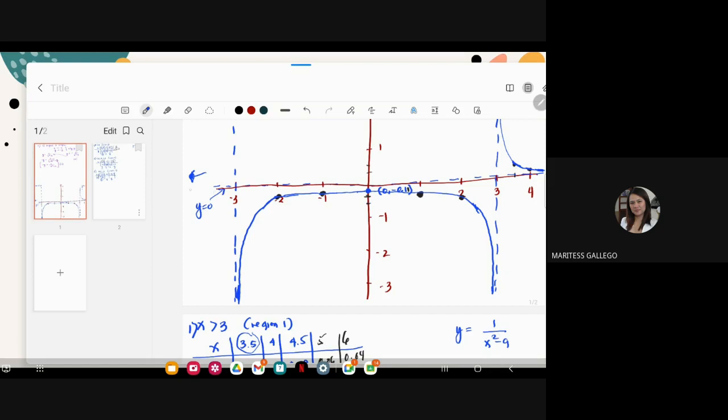Okay? Halimbawa, ito yung 4. Halimbawa, yan yung 4. Andito yung point. Tsaka yung 3.5 nandito. Ayan. And then, pag trace mo yung curve, kasi mirror image na sila, ganun din.